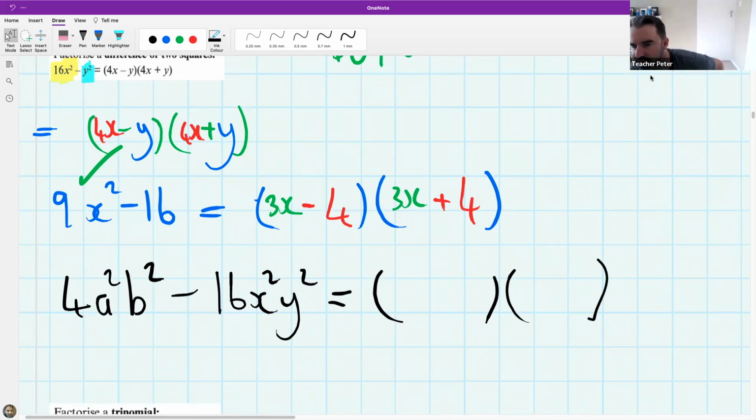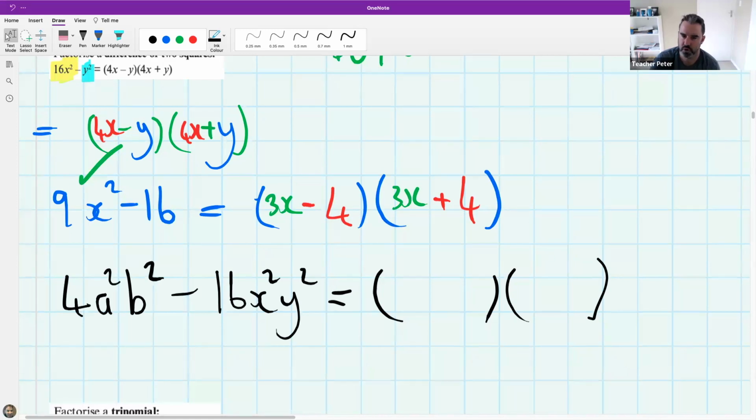So Nicole, one must have a plus sign and one must have a negative. Yes, exactly. Difference of two squares always need to have opposite signs. So just let me know if you've got that now. So we're trying to factorize this rather interesting looking expression, and it is a difference of two squares because I made it up on the spot.